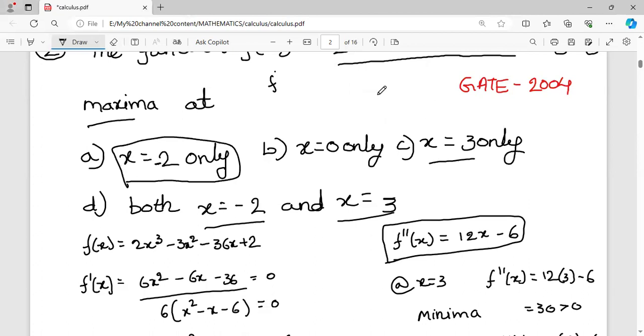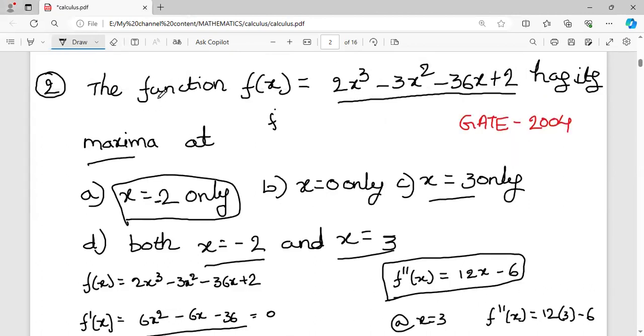The thing to remember is that it is very easy. If they give the function and ask you to find the maximum value and minimum value, simply do the differentiations. First differentiation, then you get some values, and second differentiation, those values will be substituted in f double dash of x.